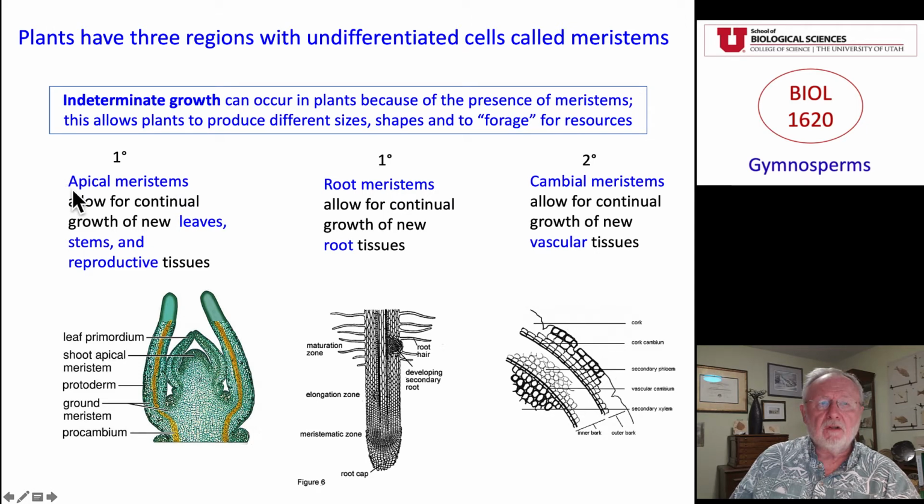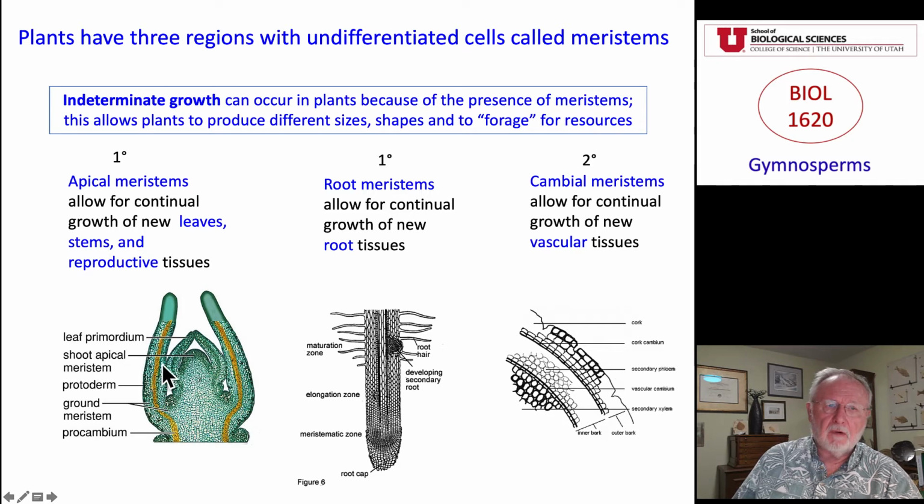It is called the primary. It is the first tissue that we're going to talk about. It is associated with the production of new leaves, stems, and the decision to go from producing vegetative material to producing reproductive material.